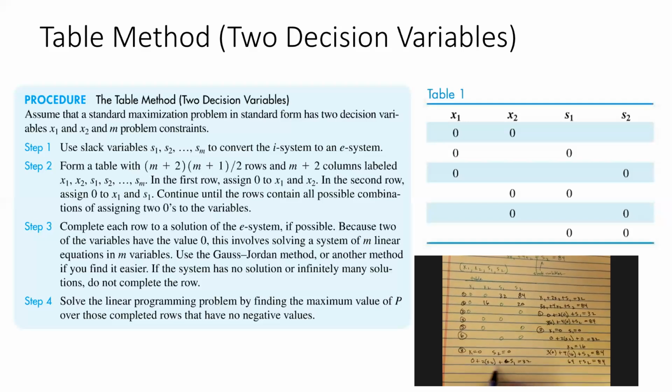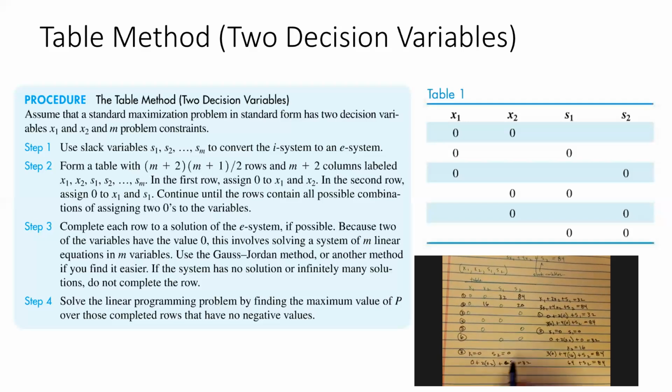So we don't know x2 or s1, so we've got to go to the other equation. So we have 3 times 0 plus 4 times x2 plus s2, which is 0, is equal to 84, right? Okay, so that means x2 is equal to, divide both sides by 4, that would be 21, I believe, right? Yeah, 21, again, verify if that is correct.